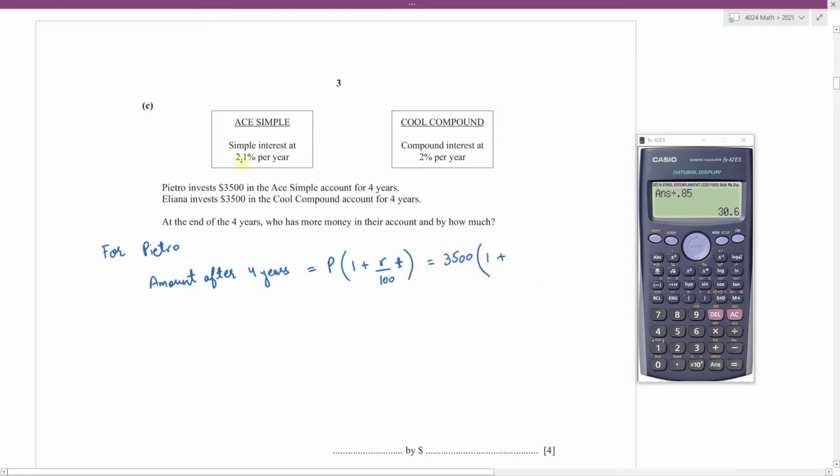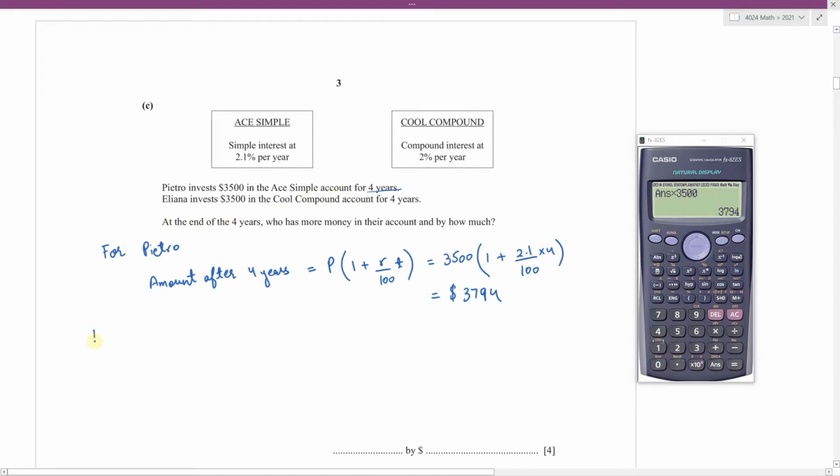The rate is 2.1% per year, so 2.1 divided by 100, and the time is 4 years, so multiplied by 4. So this gives 2.1 divided by 100 multiplied by 4 plus 1, and then multiplied by 3,500. So this is $3,794 that Petro has at the end of 4 years.